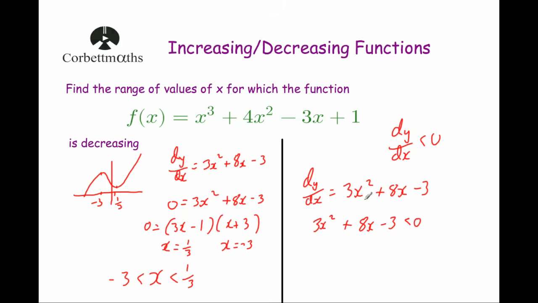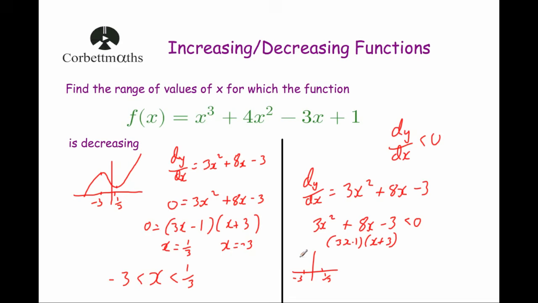Now this is a quadratic inequality. To solve that, we're going to sketch the quadratic. Our critical values, if we factorize this and solve it, well, we've already done that, so factorizing it, 3x minus 1 and x plus 3. So that would be here at negative 3 and here at 1/3.